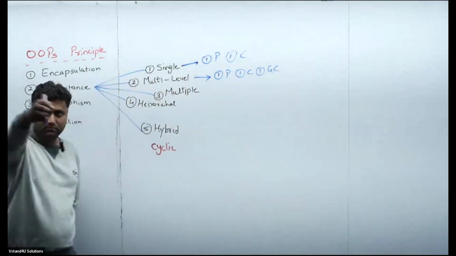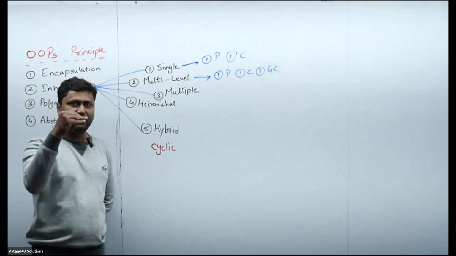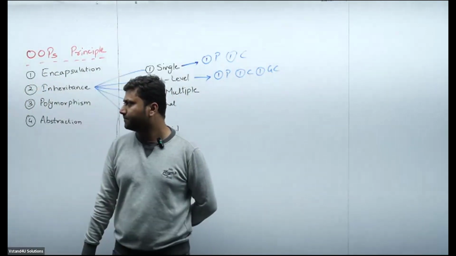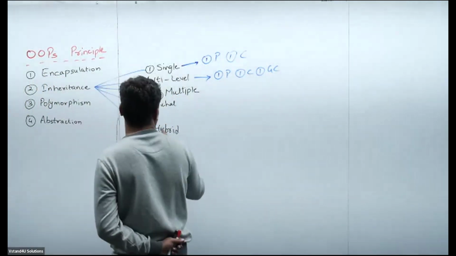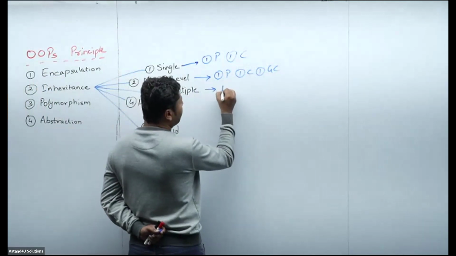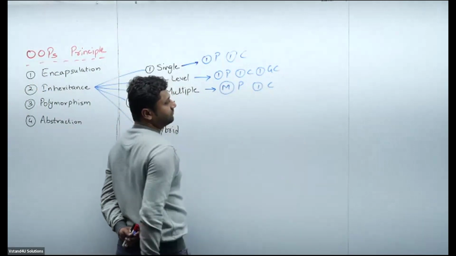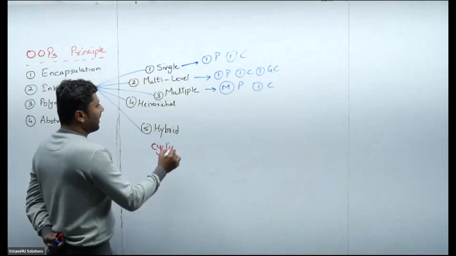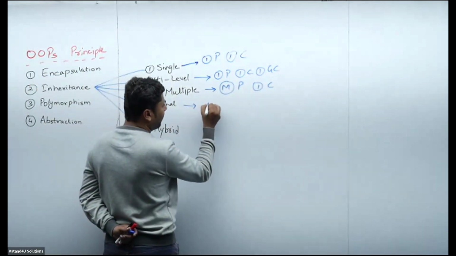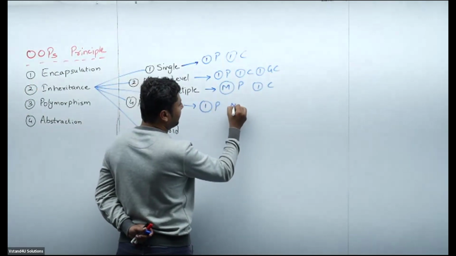Sequence is there. Multiple levels are there. Agree? Multiple means many parents, one child. Am I right?